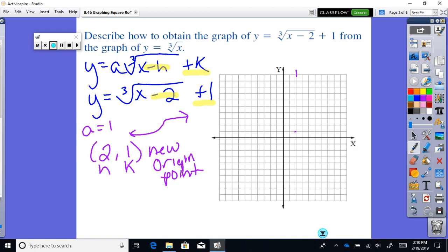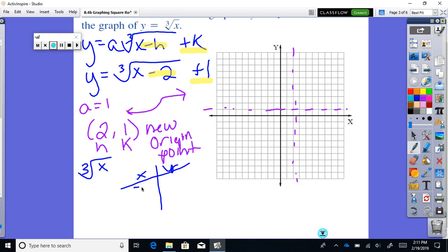So we're going to have a point right there. If I shift the whole graph, now I can just graph the cubed root of x, and I can do that by using my 5 points I did in the last one. The negative 8, negative 1, 0, 1, 8. Cubed root of negative 8 is negative 2, negative 1, 0, 1, 2. Then from this shifted point 2, 1, I can go to the left 8 and down 2.